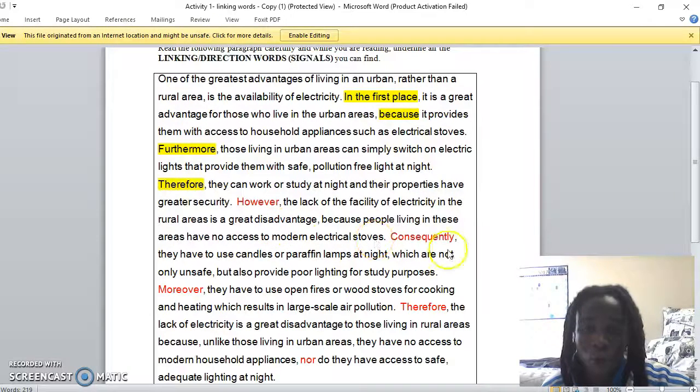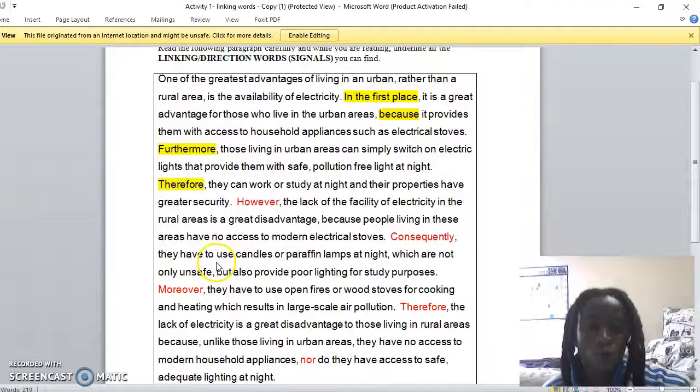And the writer continues. Now you should notice "consequently": the writer has changed the direction of his statement or argument, and then after changing it, the writer is now concluding or giving the results of what happened, because "consequently" is a concluding signal.